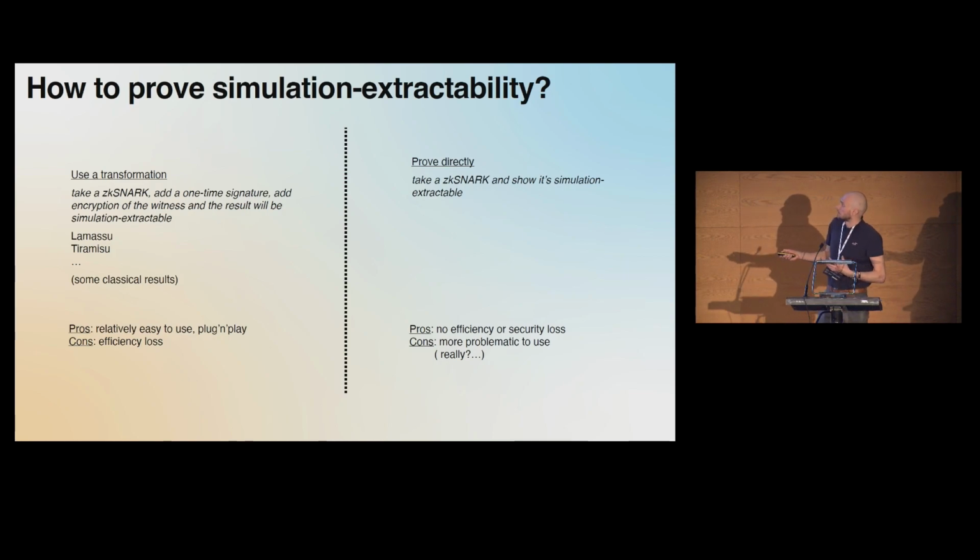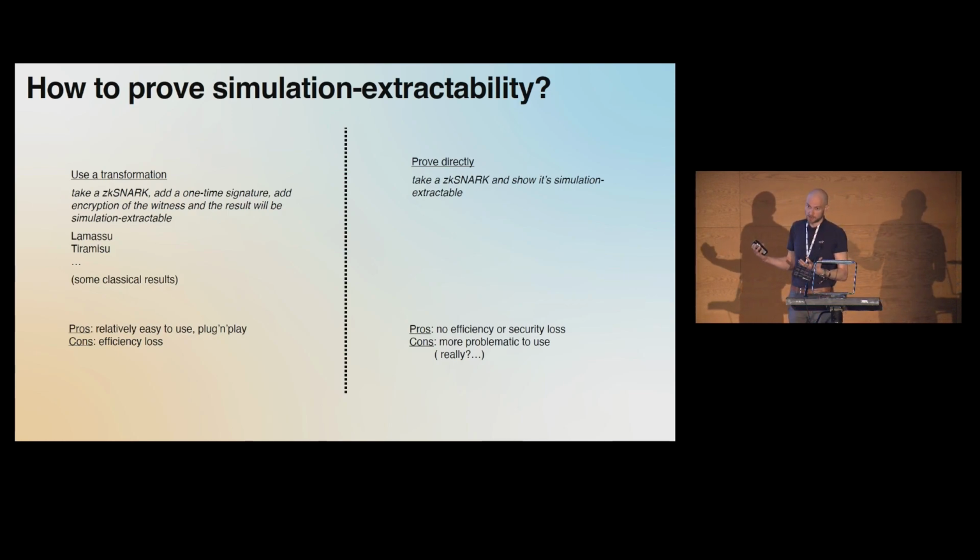There are some frameworks that discuss this transformation, like Lamassu, Tiramisu. There's also a number of classical results. And these results are great. However, the problem is that they come with a cost, right? Because now the statement we are showing is bigger, and the verification is also bigger. So we pay by introducing efficiency loss.